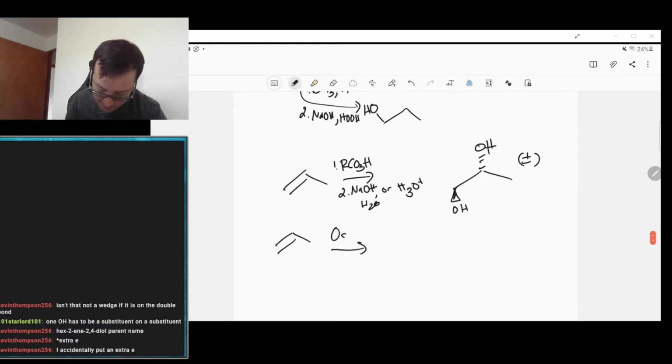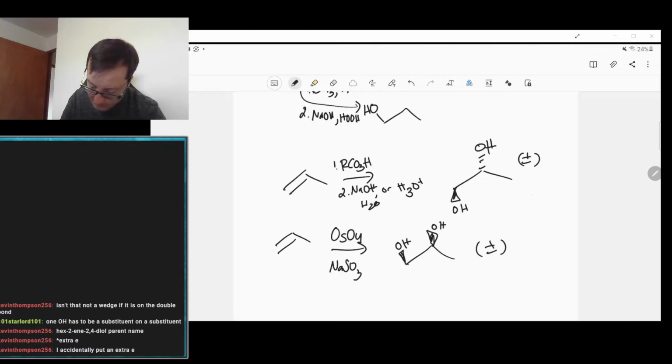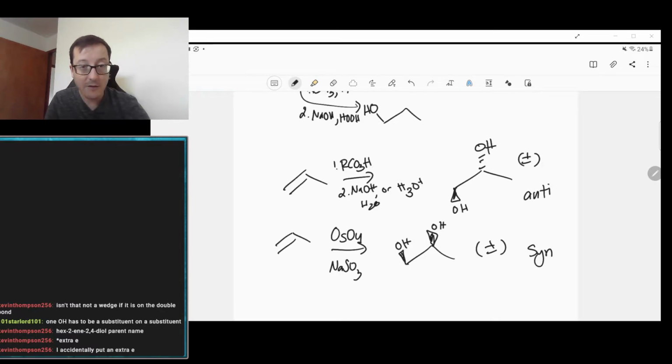You can do a syn dihydroxylation using the osmium tetroxide and what did we use? Sodium sulfite. That would work. Remember, this is syn. So we have a few ways to do this.